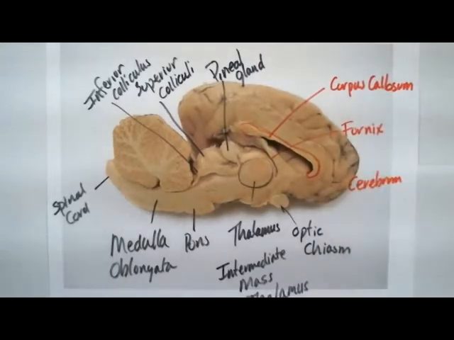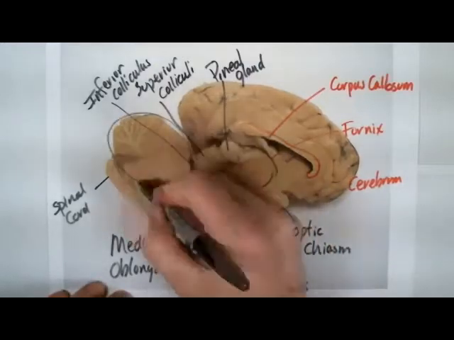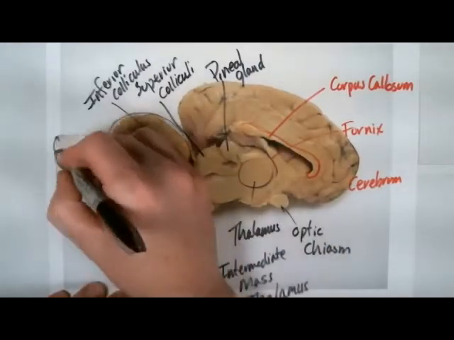Now there's more than just these little bitty structures. The cerebrum has different spots on it, and we're going to hit that in a different video. Let's move back to the back side here, this inferior side. This whole piece that's right here is the cerebellum.